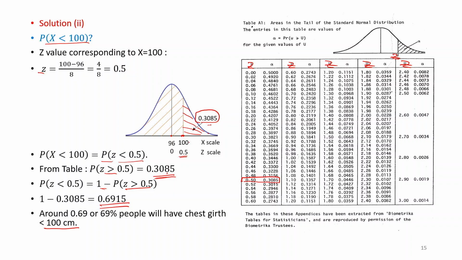So what question has been asked, that also you have to be very careful. If I just change this statement, that find out x greater than 100, then 0.3085 would have been the correct answer. But the question is Px less than 100. So it will be therefore 1 minus 0.3085, that is 0.6915.